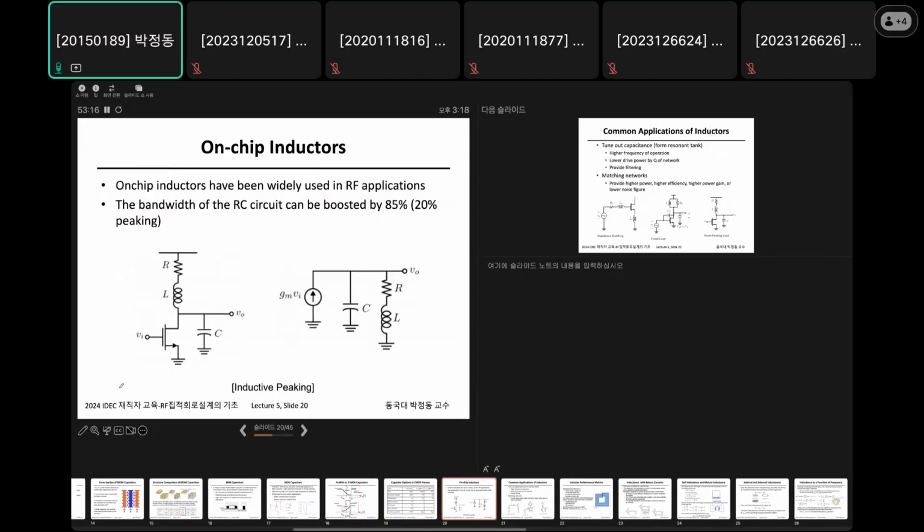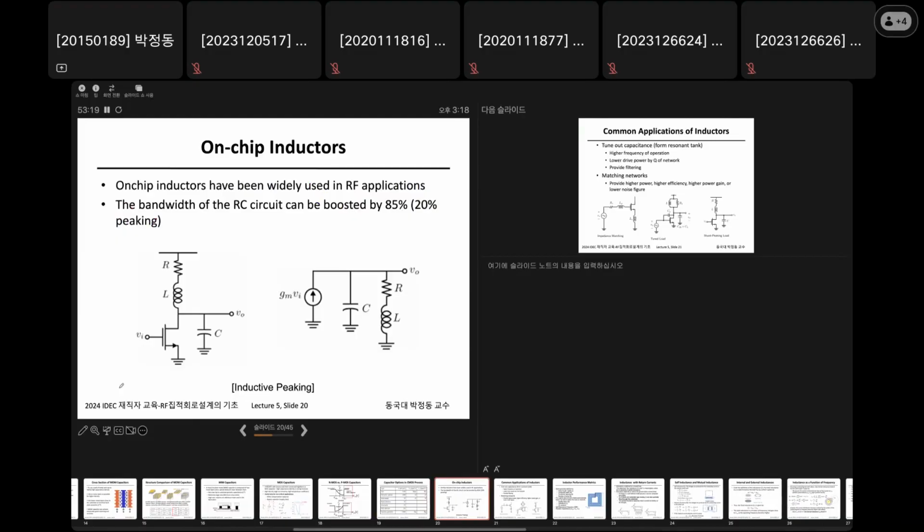Now let's talk about the on-chip inductor. On-chip inductors have been widely used in RF applications, right? The biggest difference between analog circuit design and RF circuit design is the knowledge of the inductor.